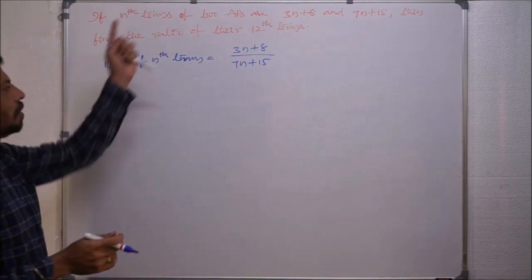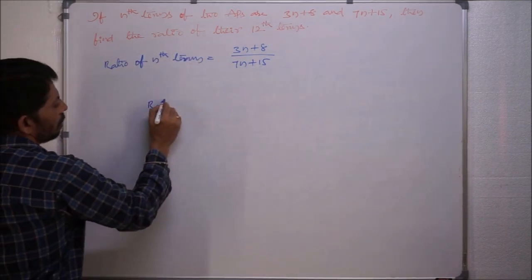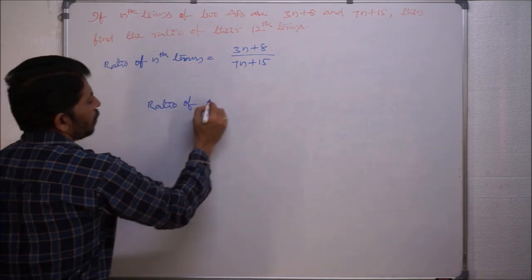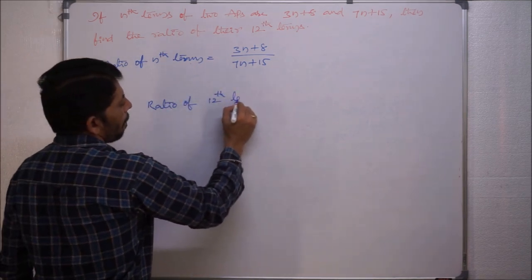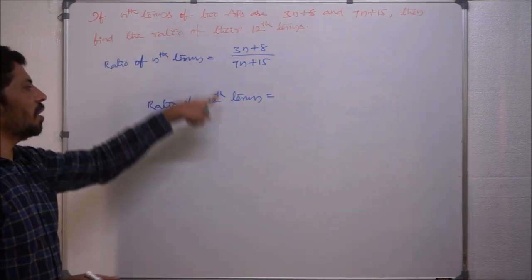Now it is the ratio of their nth terms. It is enough to find the ratio of 12th terms, so in place of n we write 12.